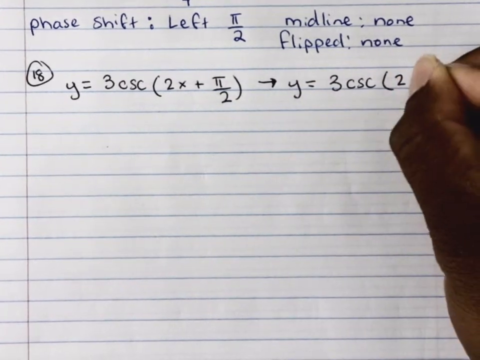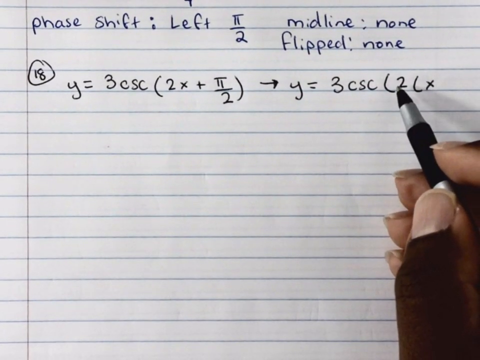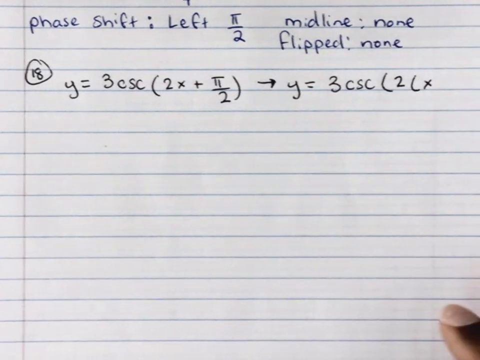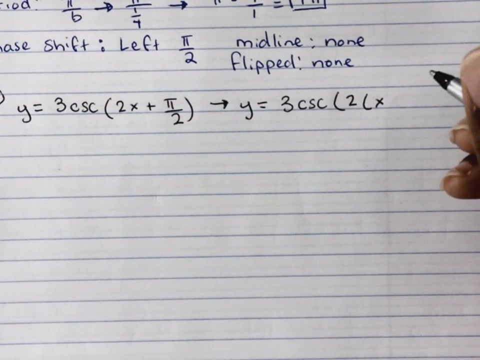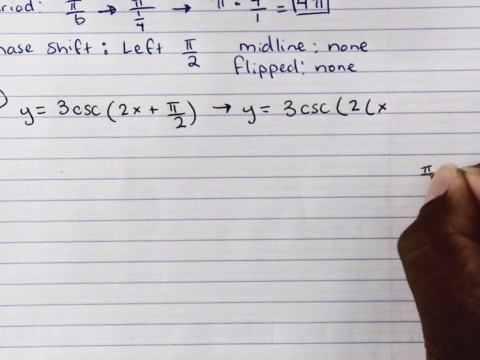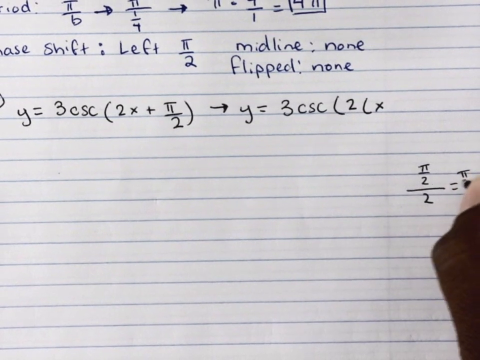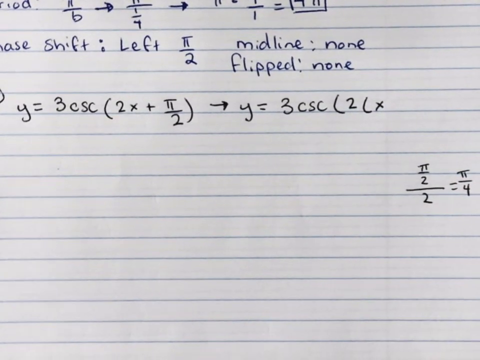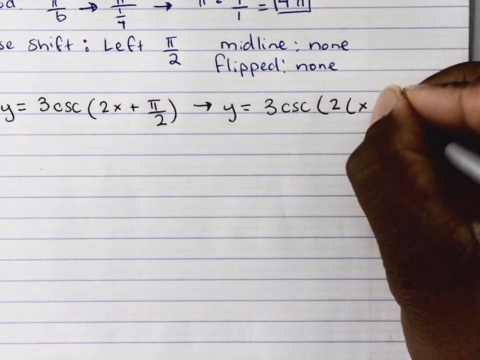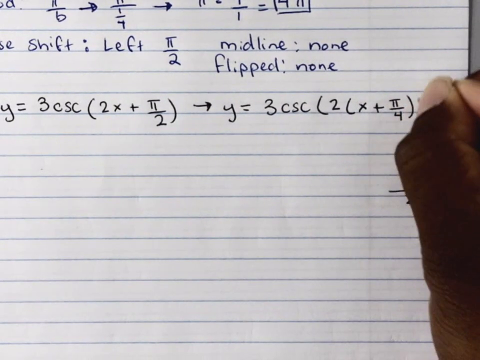We're going to factor out 2 from x. And in order to do that, we would need to divide both terms by 2. So if I divide the second term by 2, what I get is pi over 2 divided by 2, which comes out to equal pi over 4. So this will be plus pi over 4.